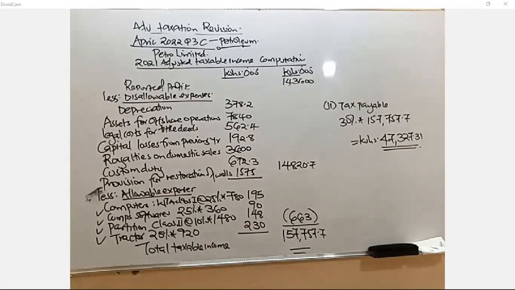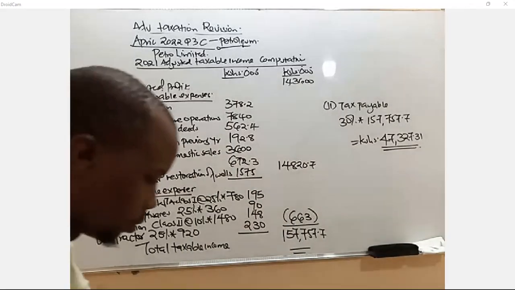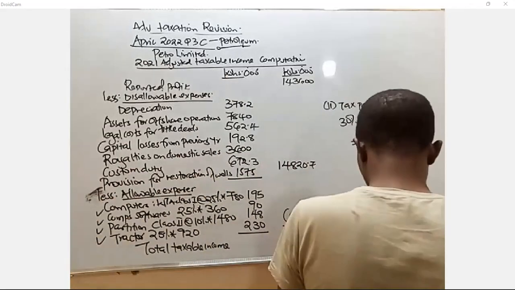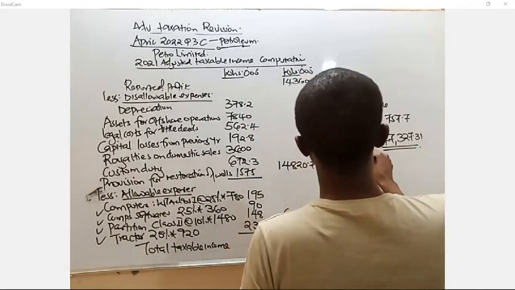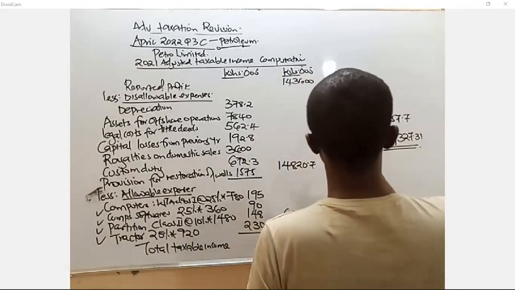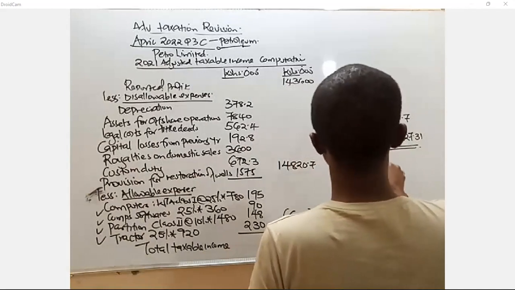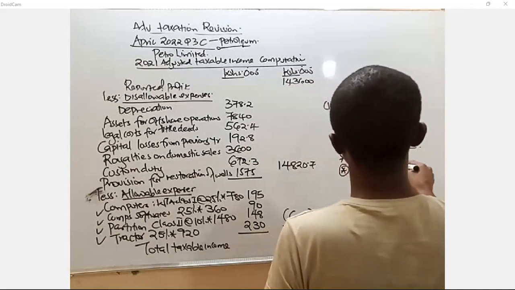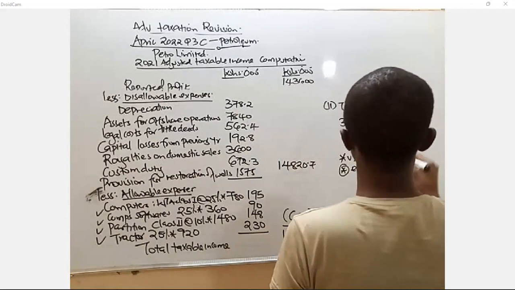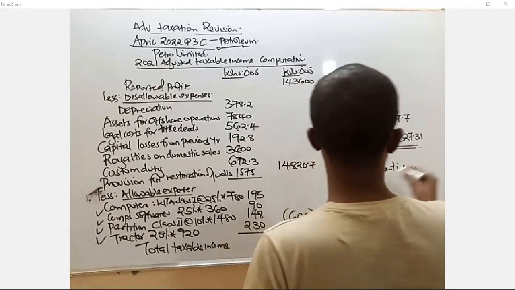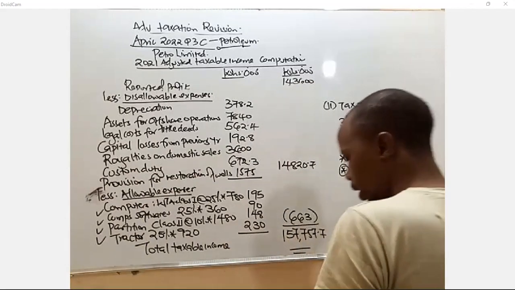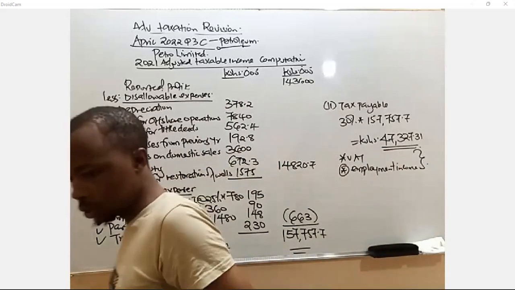So I think the areas which I just want to check next time, I just want to look at the VAT. We need to be looking at the employment income, the questions which incorporate employment income. Once I'm done with the two areas, we are supposed to be good to go.